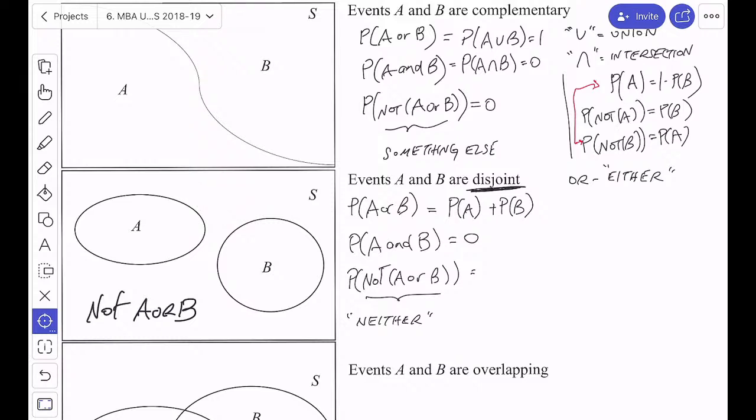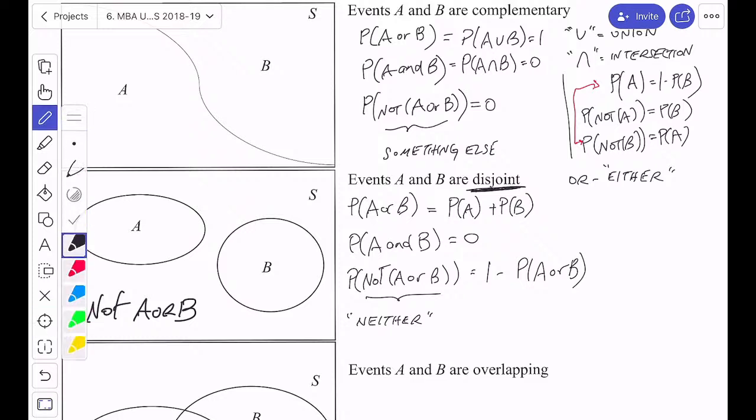Well, if I know A or B's probability and I know they all have to add to 1, all I have to do is take 1 minus probability of A or B. Okay, so intersection doesn't happen in this disjoint set of events. If I know A and B, I can calculate the chance of either of them occurring, and I can also compute the chance of neither of them occurring.